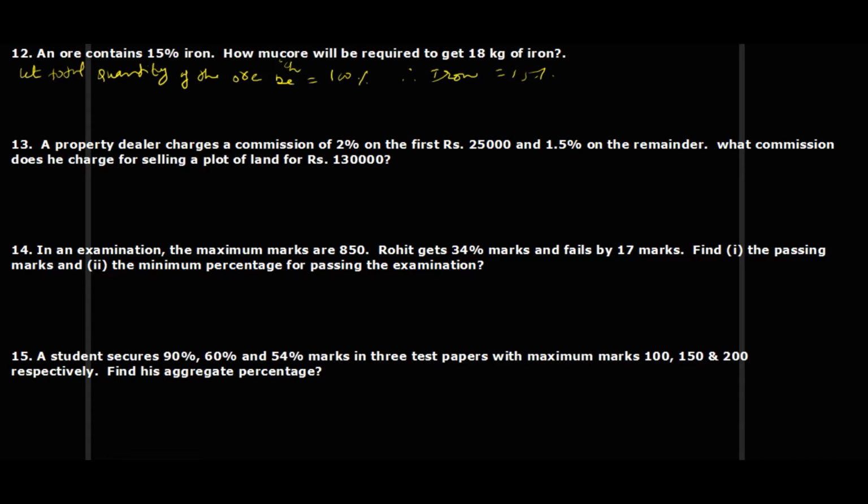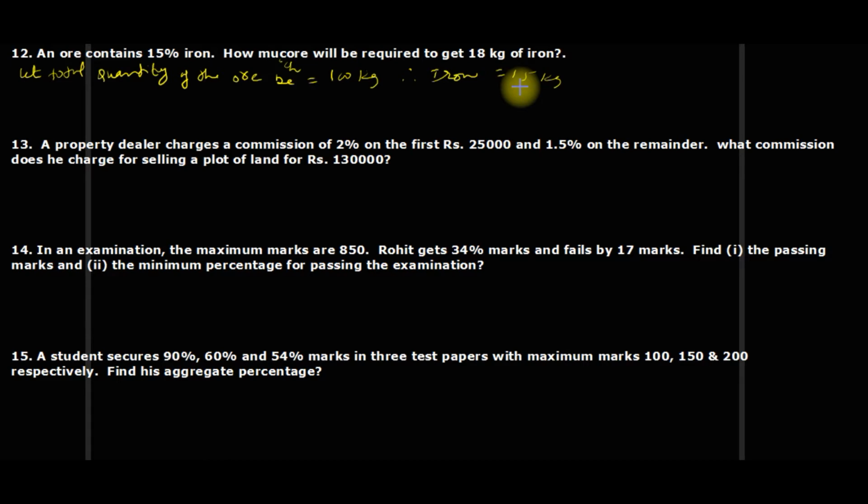Or if we take this in kgs, it will be much easier for you. Treat it as 100 kg, 15 kg. We have to bring out 18 kg of iron, so how much ore will be required for it?